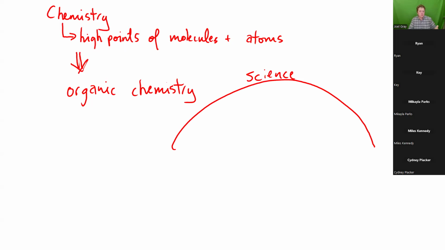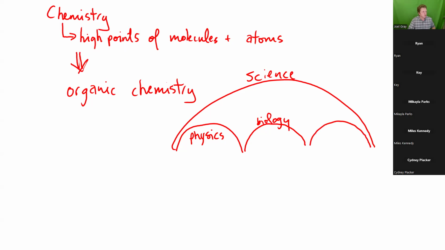Now, under the science umbrella, there's a physics umbrella. Also under the science umbrella, there's biology. Under the science umbrella, and I'm not going to go too far into this, I'm just going to leave it as chemistry.